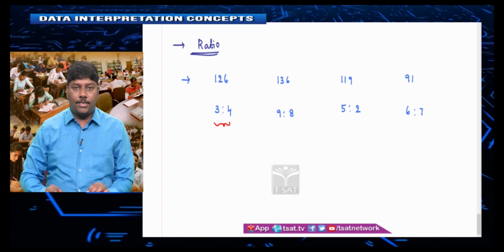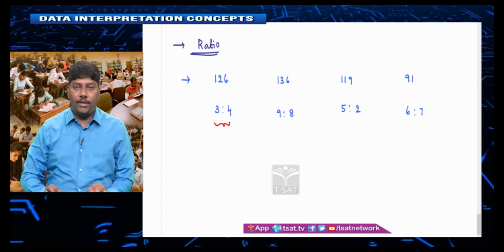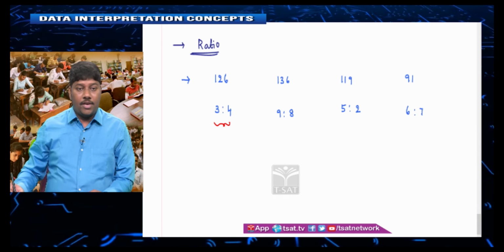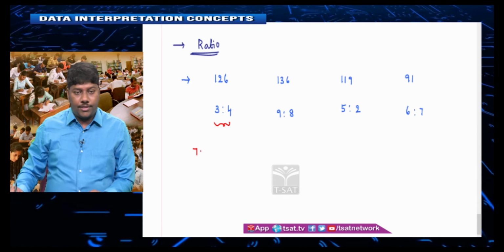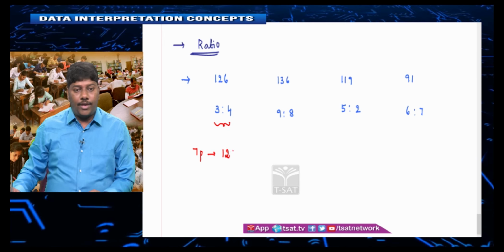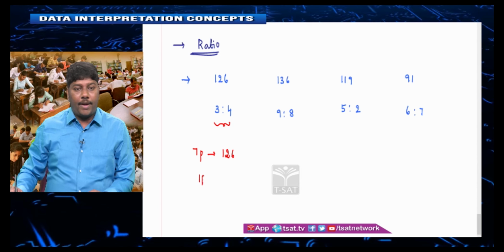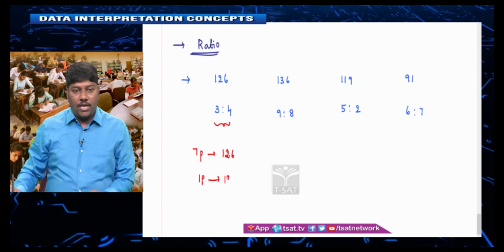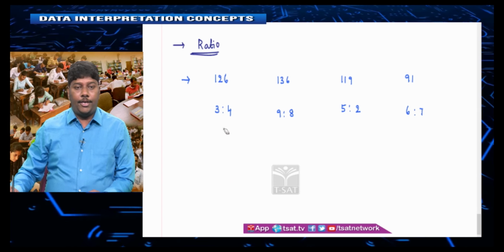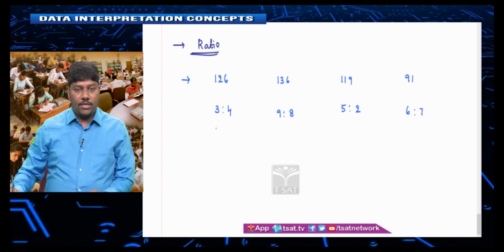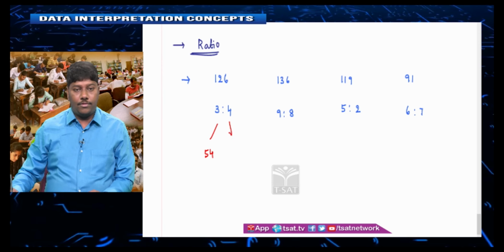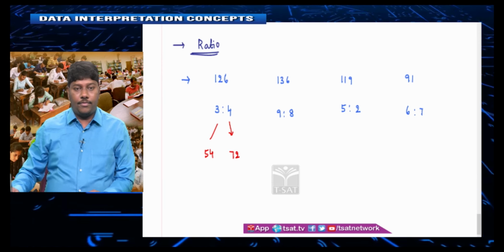The moment you look at 18 sevens, 7 parts is 126, therefore each part is 18. You should do this in your mind, not on paper. If one part is 18, I have to divide it in the 3:4 ratio. 3 18s are 54. 4 18s are 72. So, this is how you must divide it.